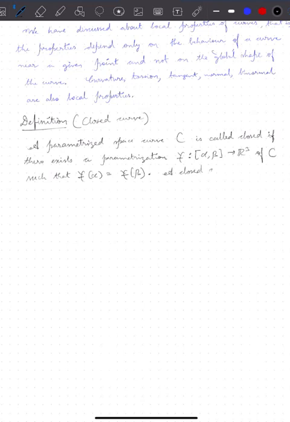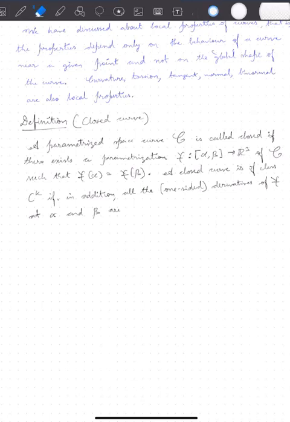Now a closed curve is of class C^k if, in addition, all the one-sided derivatives, of course those would be at the endpoints alpha and beta of this gamma vector, of order i equal to 0, 1 till k agree.